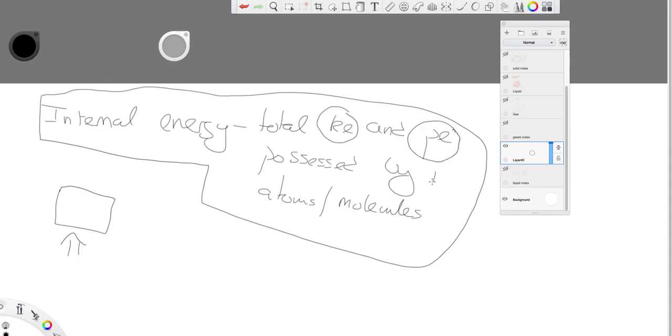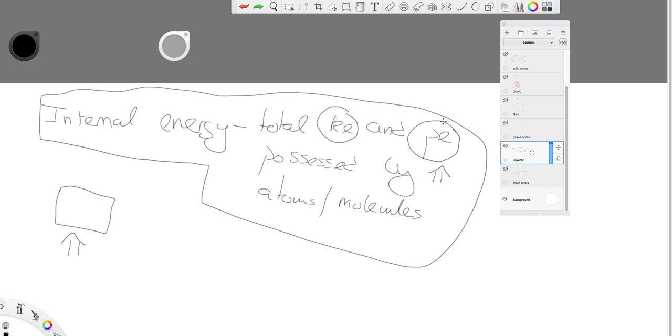Now, if it increases the potential energy and not the kinetic, then the temperature will not rise, because the temperature is a measure of the average kinetic energy. If you don't change that, you don't change the temperature. So it is possible to increase the potential energy, and potential energy is also kind of about order.